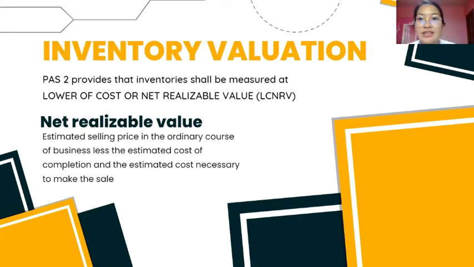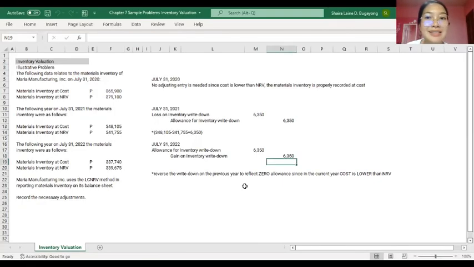So, let's take an example on how to record inventory valuation. Actually, this is the same problem that came out in the drill, so it's like a bonus for you, guys. On July 31, 2020, the cost of inventory, whether using FIFO, moving average, or weighted average, the company came up with 365,900. Then we compare it to the net realizable value.